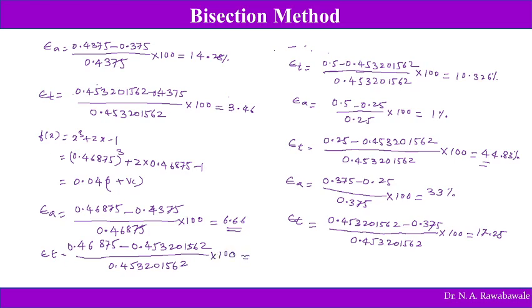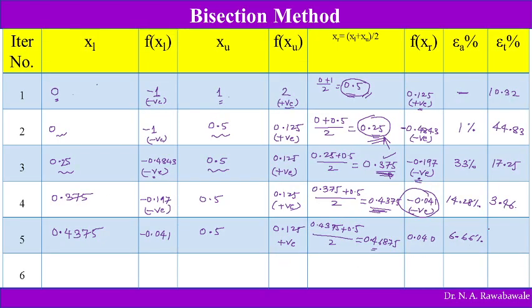True error in this case is 3.43%. Now this is a positive value. Positive replaces positive, so we take here 0.040.